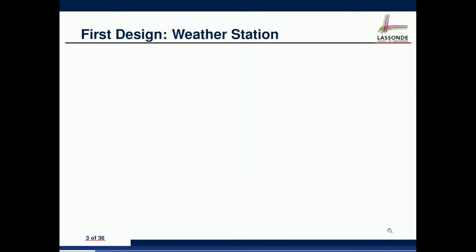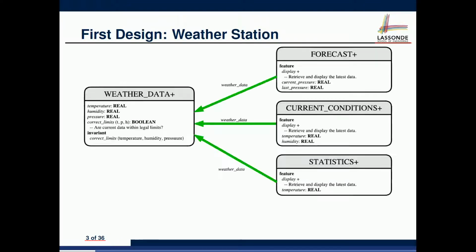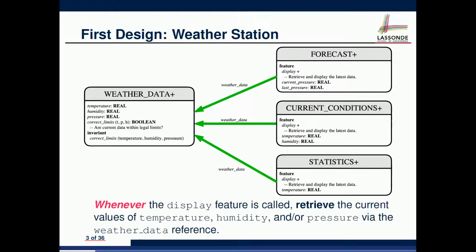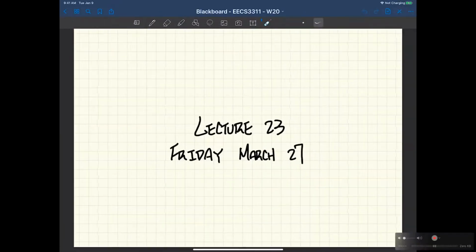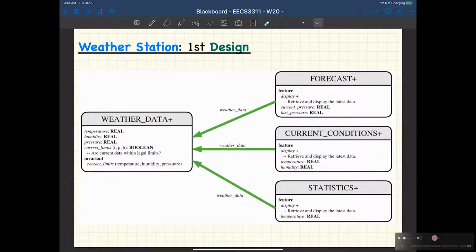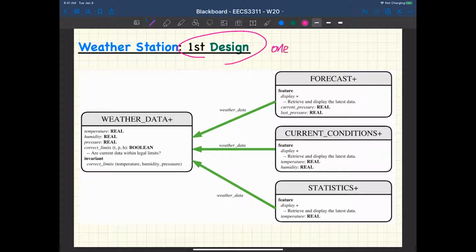Now the first design, let me go over that very quickly. This is the design diagram. For the code, I'll just point out where you should pay attention. First of all, notice that the first design is basically one directional.